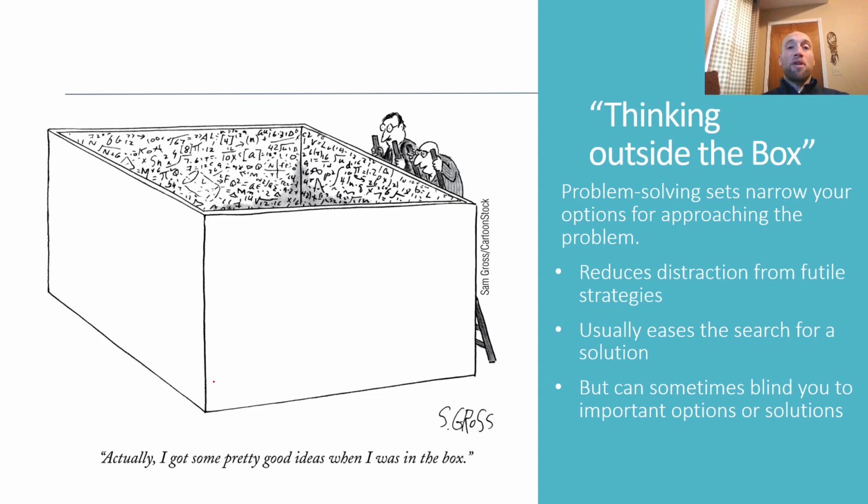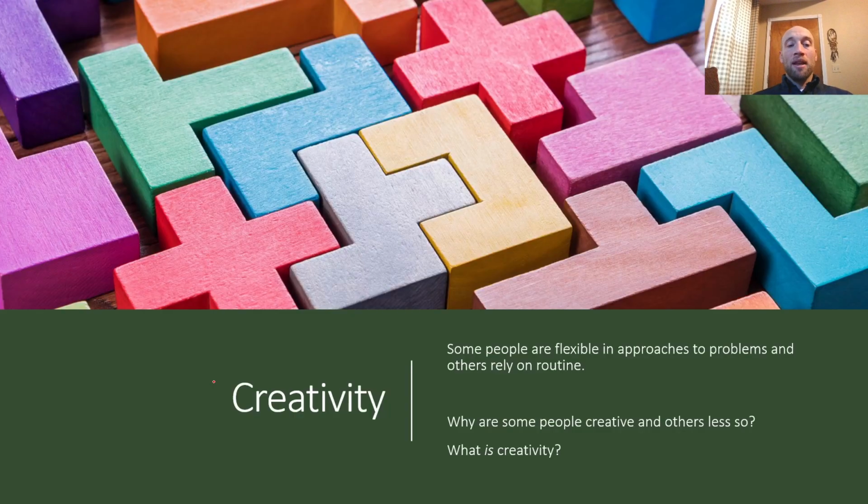And sometimes that will blind me to possible solutions because I don't pay attention to those possible solutions. And ultimately, that's where we get into creativity. The ability to break away from these set in stone beliefs or problem sets that we have experience with, or a lot of experience with.